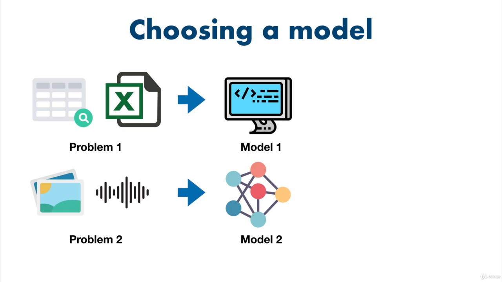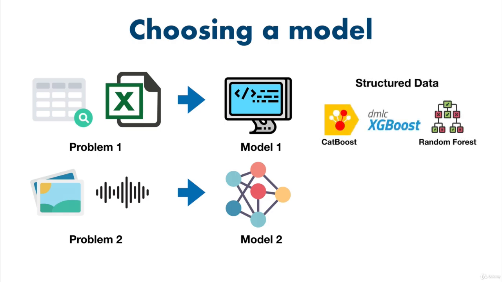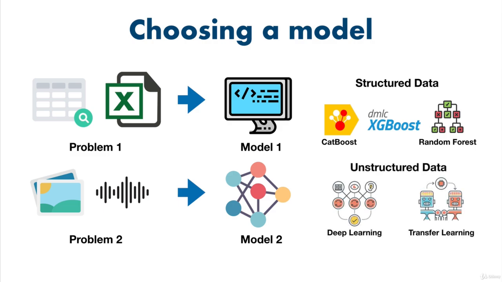But for now, a tidbit to remember is if you're working with structured data, decision trees such as random forest and gradient boosting algorithms like CatBoost and XGBoost tend to work best. And if you're working with unstructured data, deep learning, neural networks, and transfer learning tend to work best.